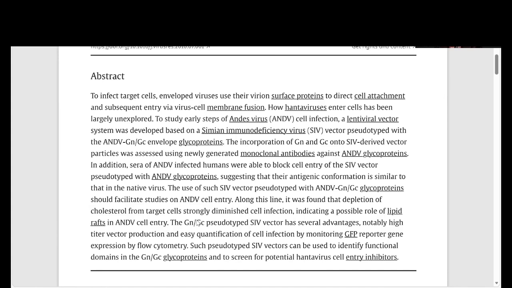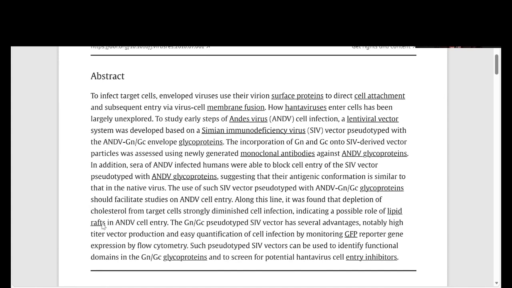Now, these lipid rafts are important on the cell surface, where it combines certain types of receptors together, gets them closer together, and allows for fusion capability, especially for a virus.